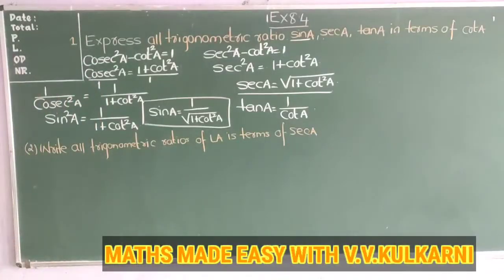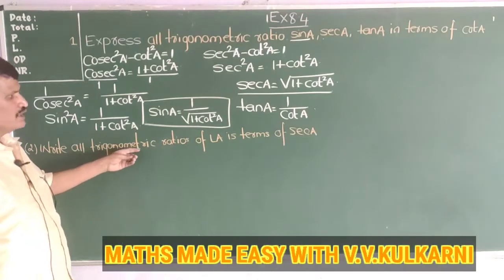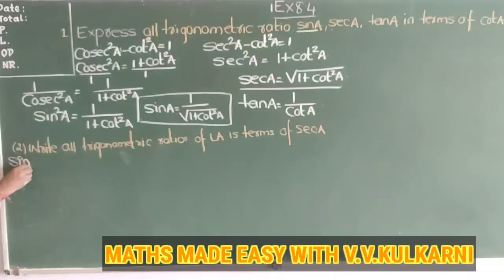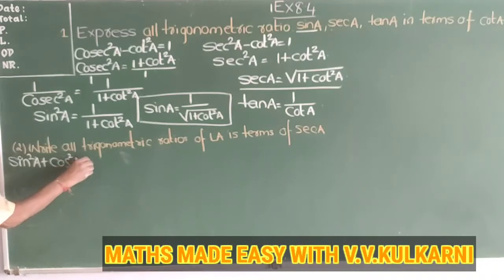Now the next question says, write all trigonometric ratios of angle A in terms of sec A. Sin square A plus cos square A is equal to 1. We know that.